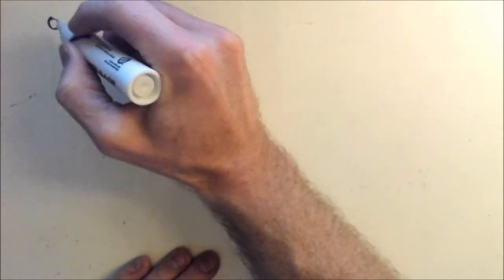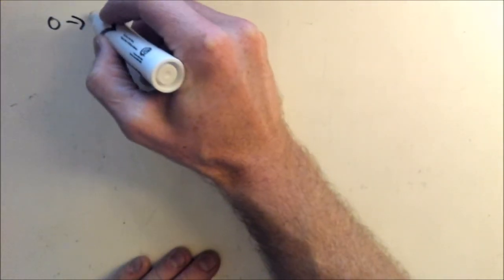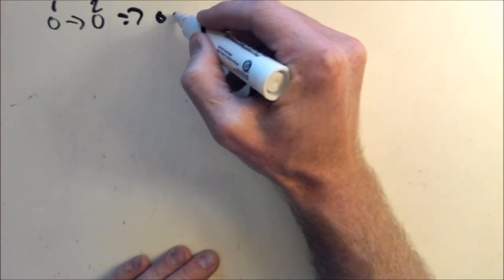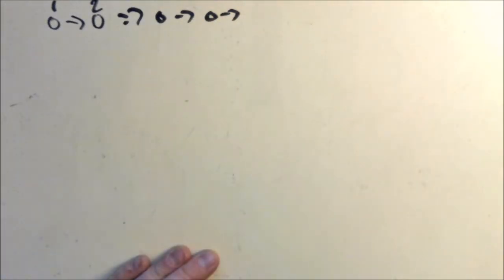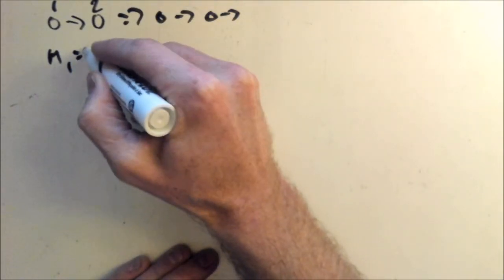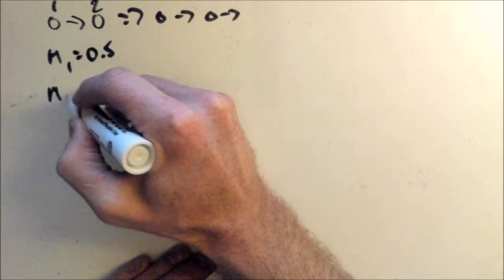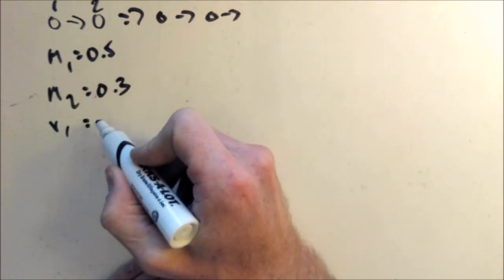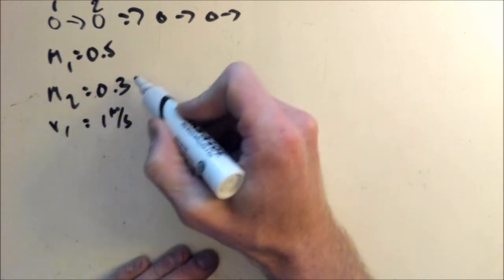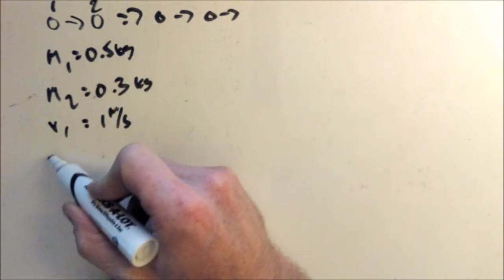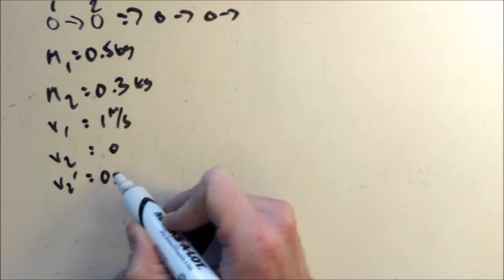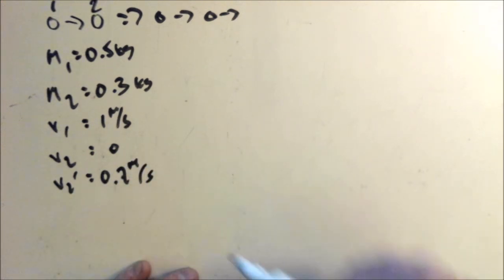If I have 2 balls, one hitting the other, and then afterwards both of them headed off in the same direction, let's say M1 is 0.5, M2 is 0.3, V1 is 1 meter per second, and V2 is initially 0. Let's say V2 prime is 0.7 meters per second afterwards.